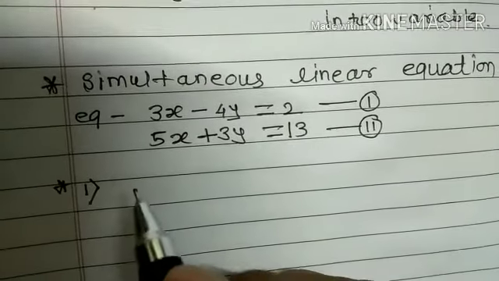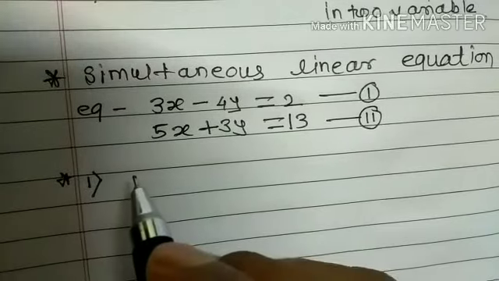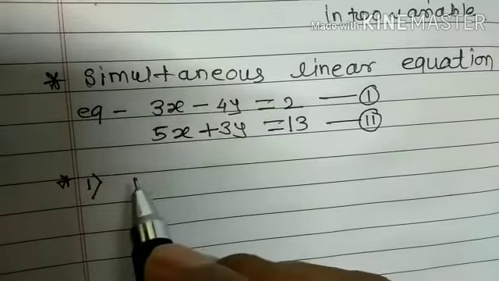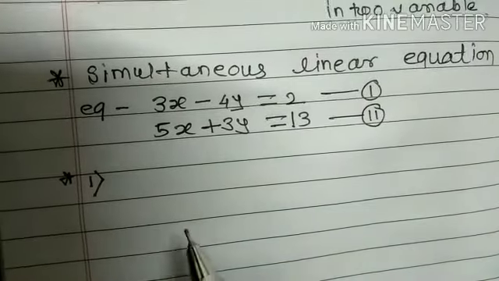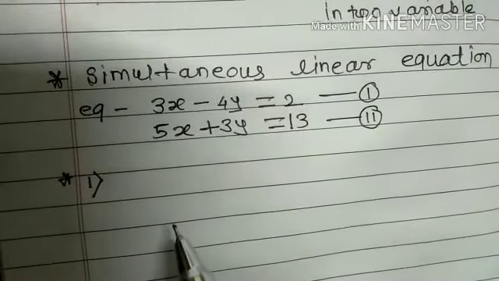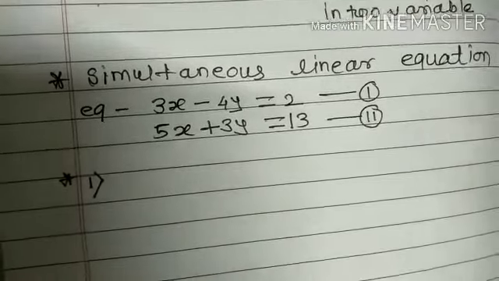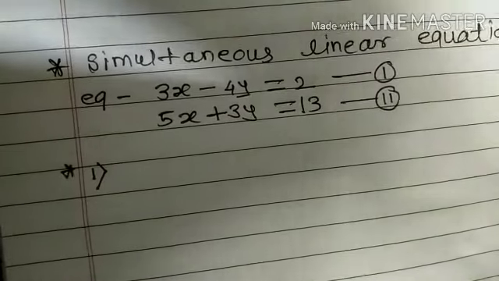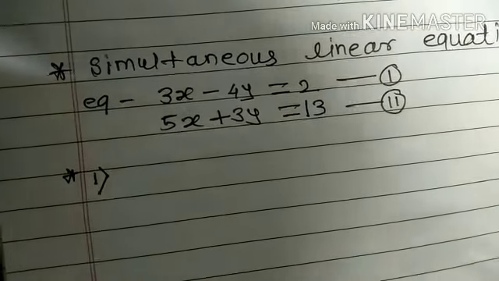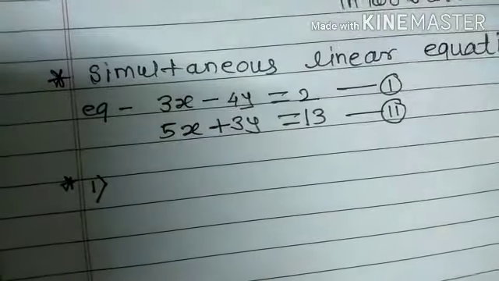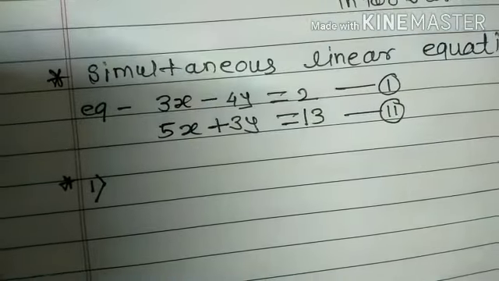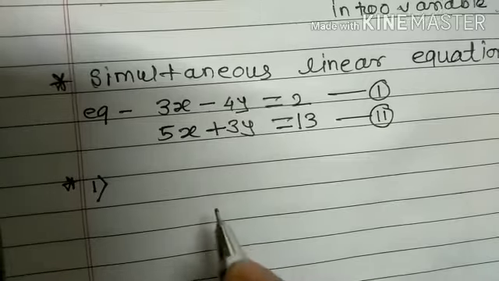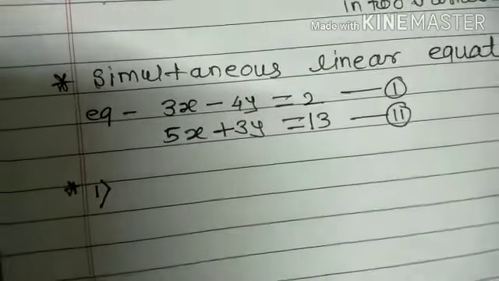First method is elimination by equating the coefficient, second method is elimination by substitution, third is the graphical method, and fourth is Cramer's rule. But here I will first explain the method of elimination by equating coefficient.